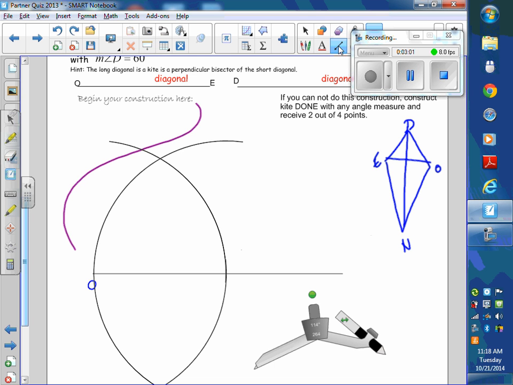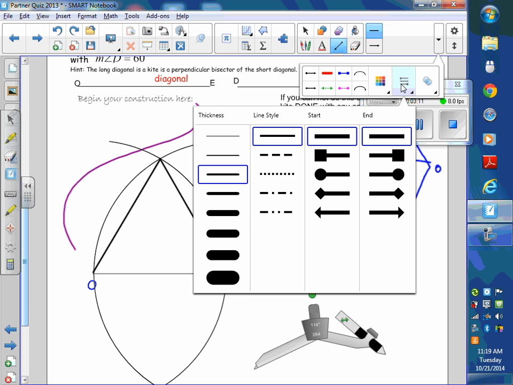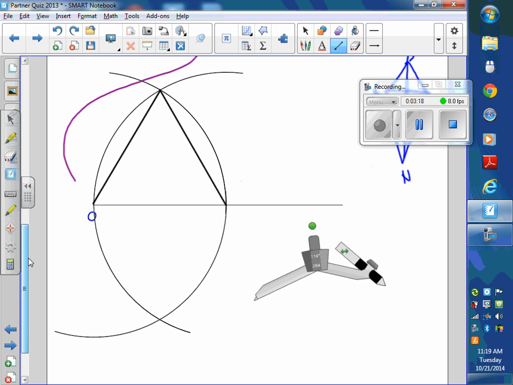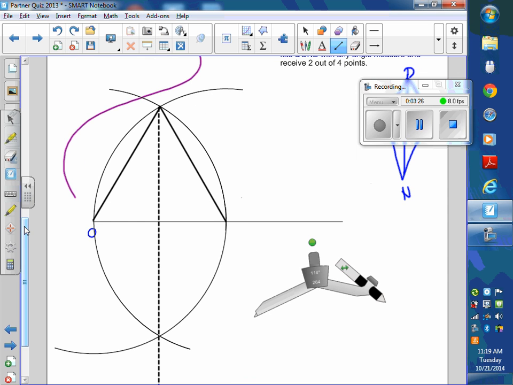So this is going to be part of the kite. The diagonal is going to be along here somewhere. That diagonal goes through here. And then all I need to do is figure out how long the diagonal is.